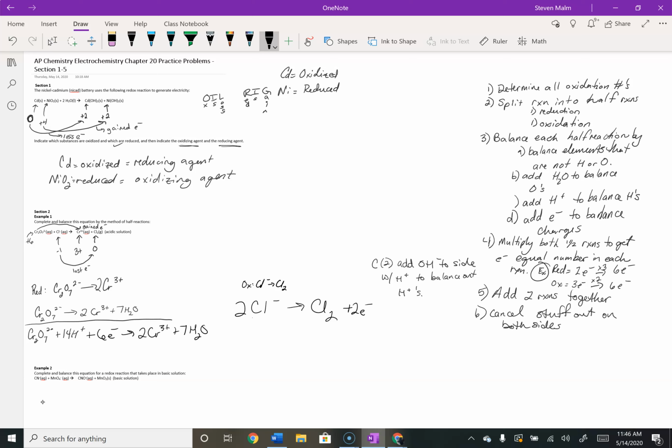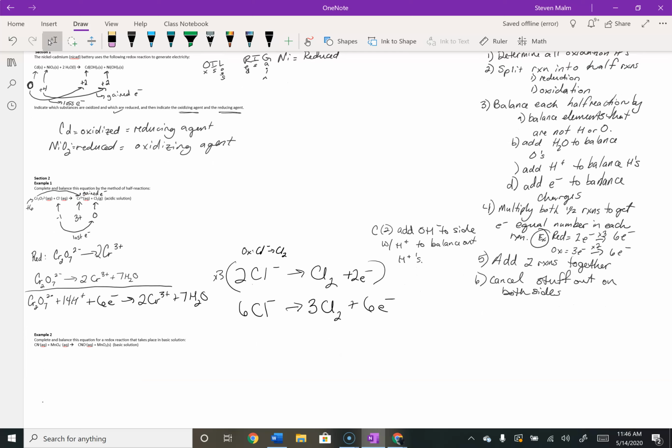In order to get that 2 to be 6, we're going to multiply everything in here times 3. And we're going to get 6 chlorine ions makes 3 Cl2 and 6 electrons.